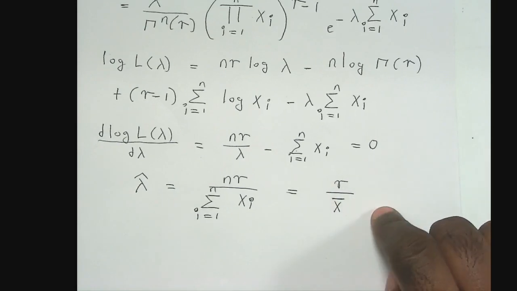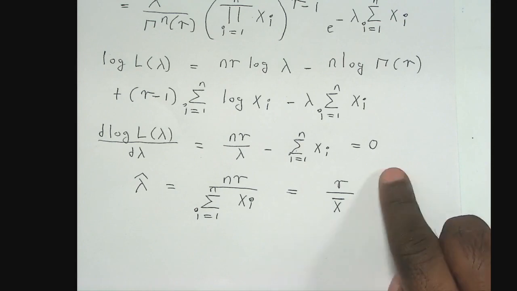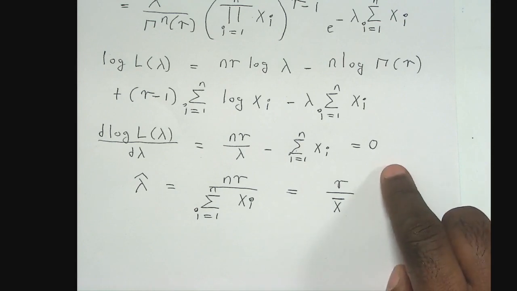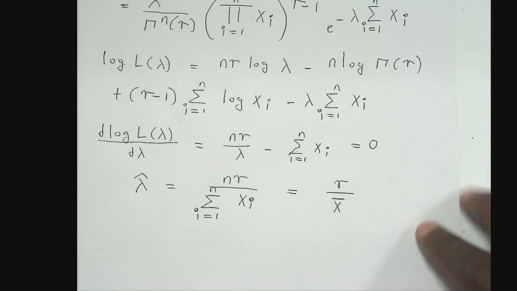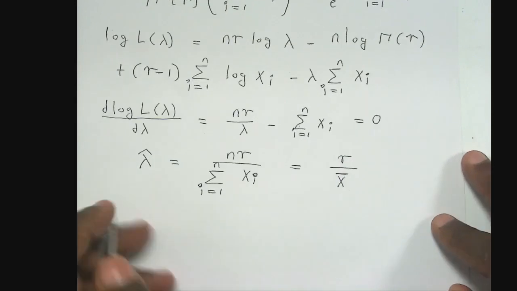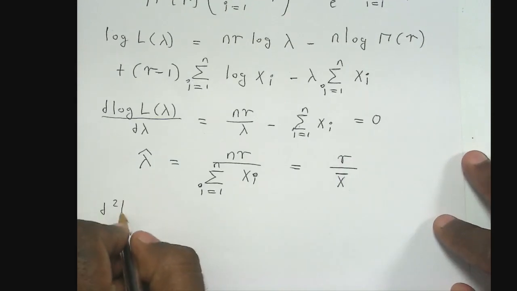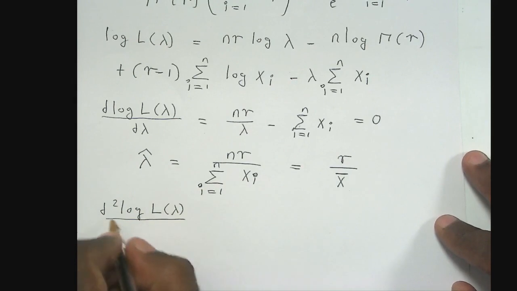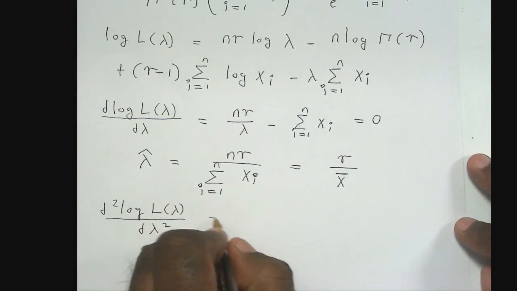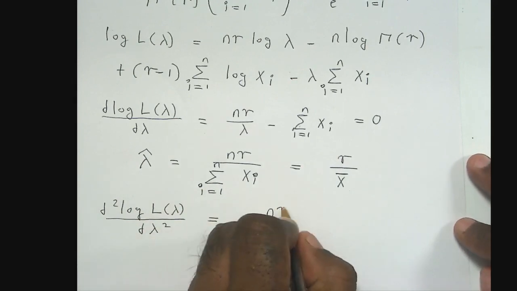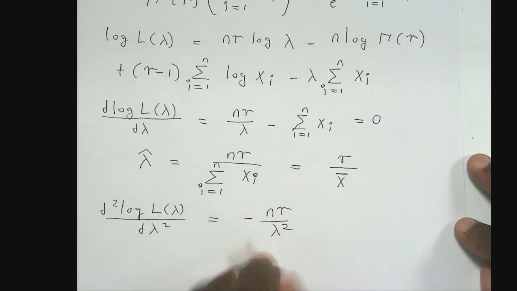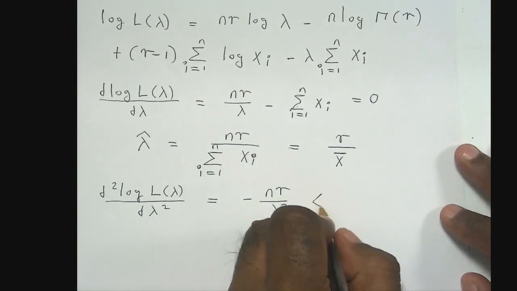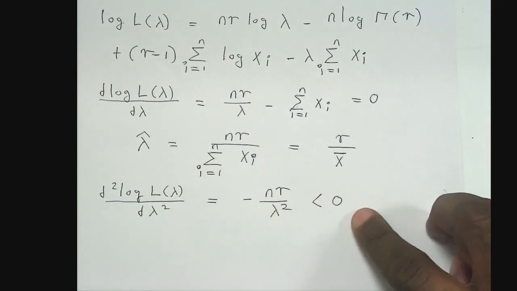Now remember, in the scalar case, you must show that the solution for this equation is indeed an MLE. To do that, you need to find the second order derivative with respect to lambda, which is this, and which is of course negative all the time.